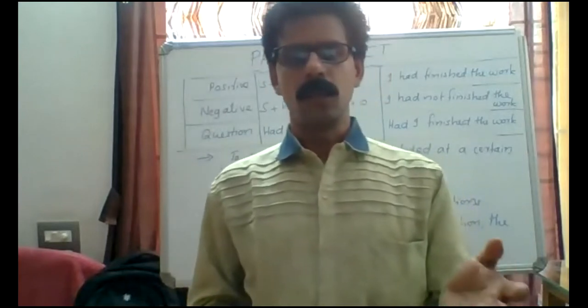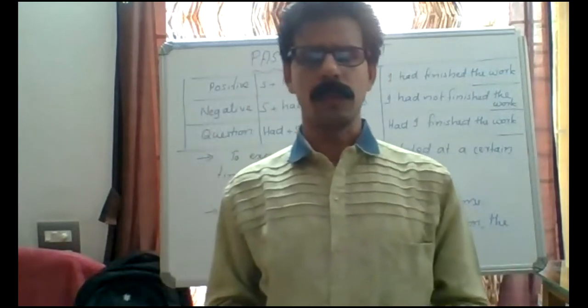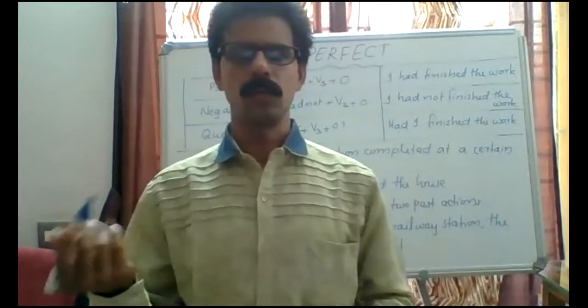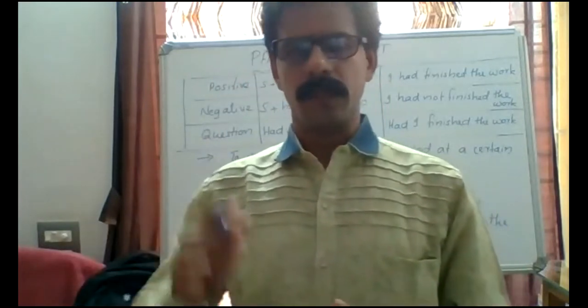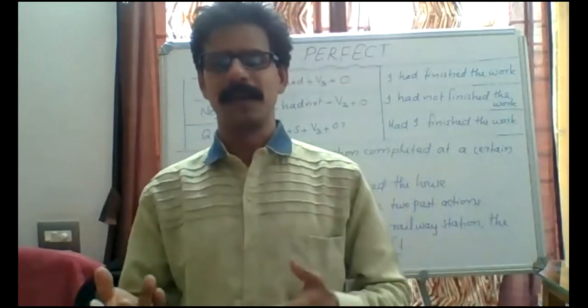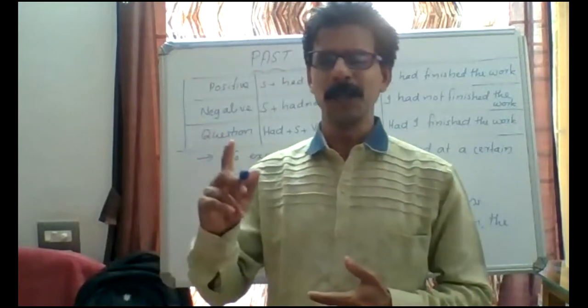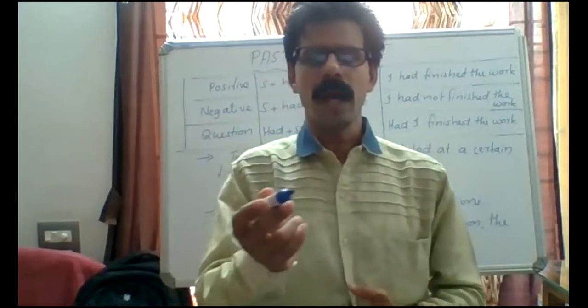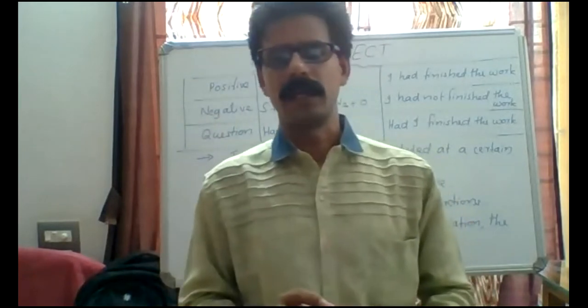And WH questions, you know, are what, which, when, where, why, how, who, whom, whose. These are the question words. With these question words, we can create WH questions. How had he reached here?